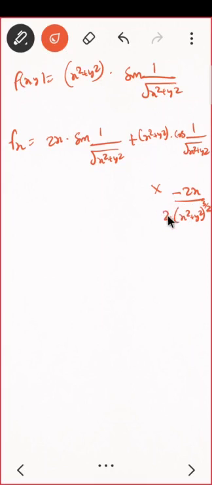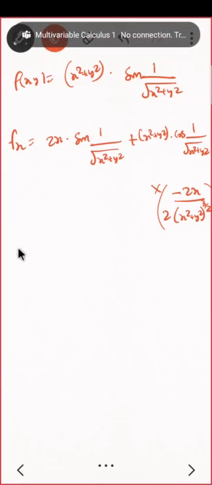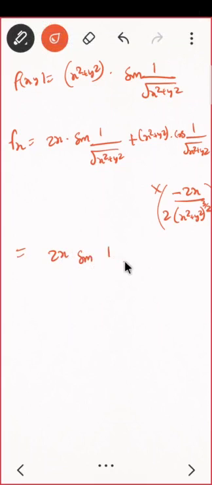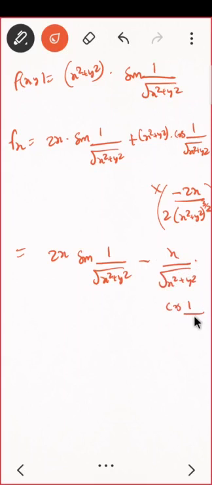Yes, so this is multiplication. Once you are having it, you just solve it a little bit. That is 2x sine 1 upon root of x square plus y square minus x upon root of x square plus y square into cos 1 upon root of x square plus y square. Now you have to check whether this function at 0 exists. So look at this.